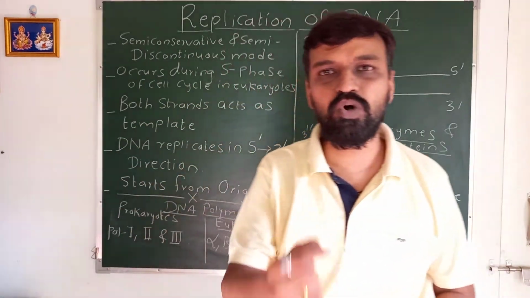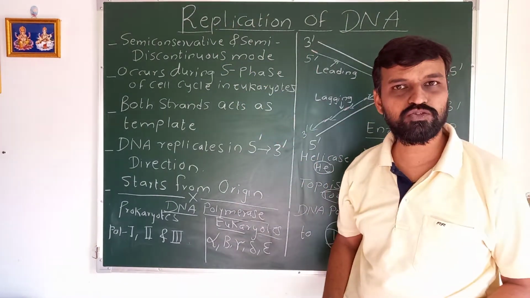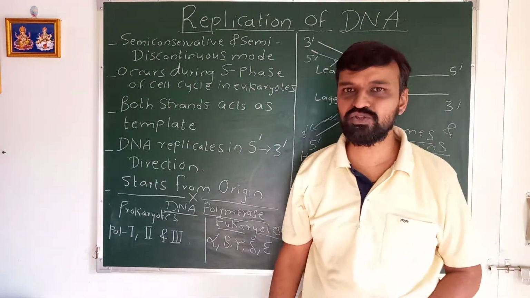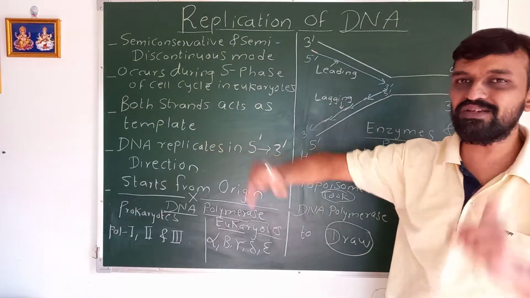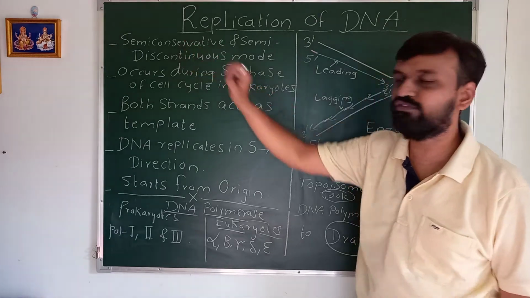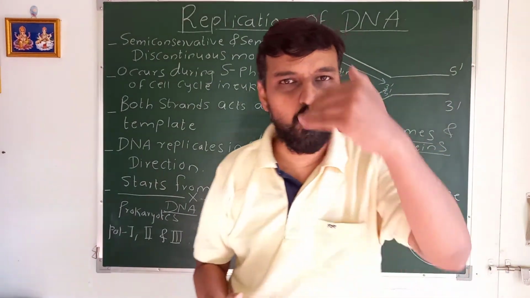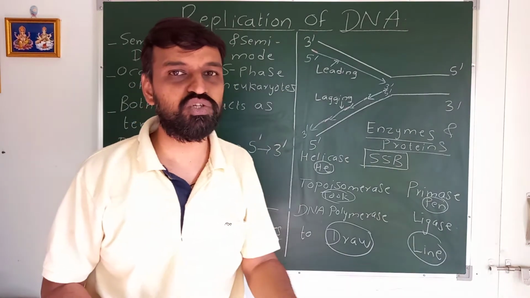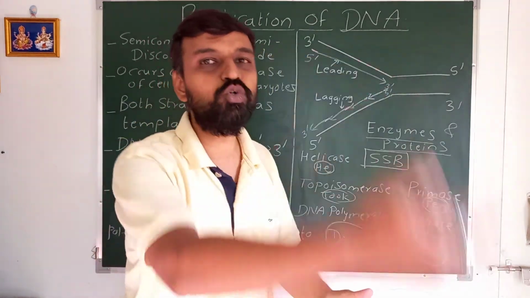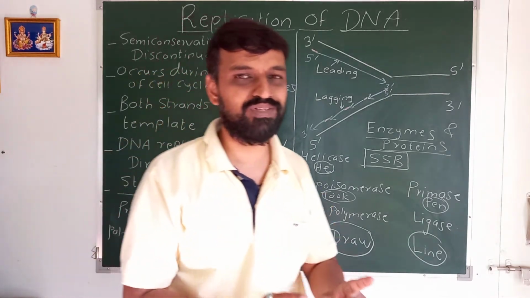Now, what exactly is the mode of DNA replication? In the NEET examination, they will ask you this question. So please remember, DNA replication is a semi-conservative mode. What it means is that one parental strand is conserved and the new daughter strand is formed. Please take a note of this.